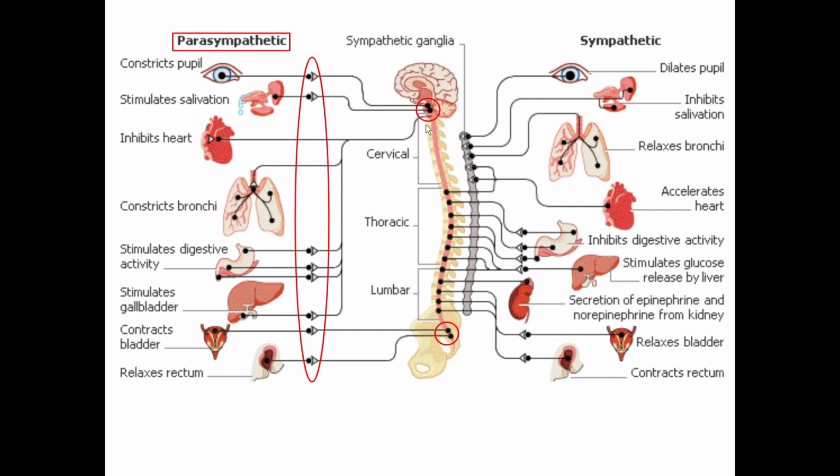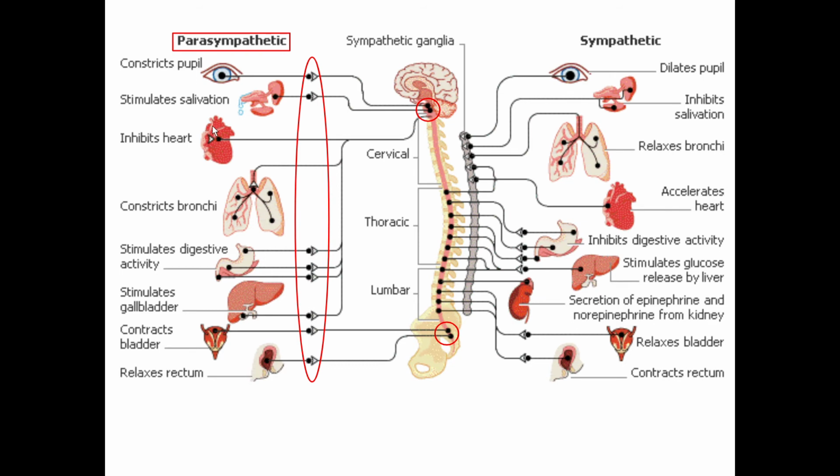You either are going to have preganglionic neurons that originate up here in the brainstem or down here in the sacral region of the spinal cord, which then either send out projections to ganglia that are close to the target organs, out here, here, here, here, or they might send neurons directly to the target organs without using ganglia.